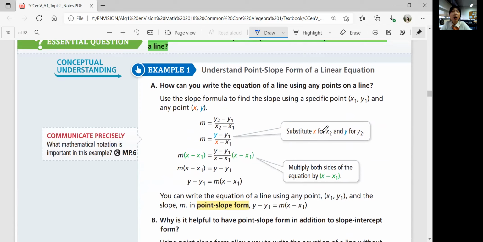Part A. How can you write the equation of a line using any points on a line? So if you're given any point, we're going to represent a point using (x, y). A specific point (x sub 1, y sub 1) means that's point 1. And there's going to be another point called a second point (x sub 2, y sub 2).